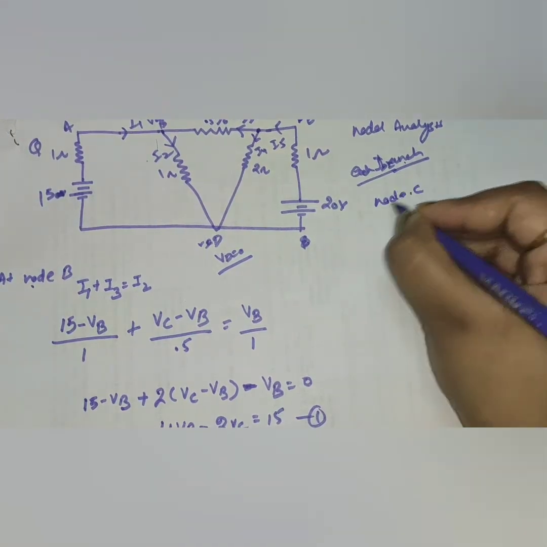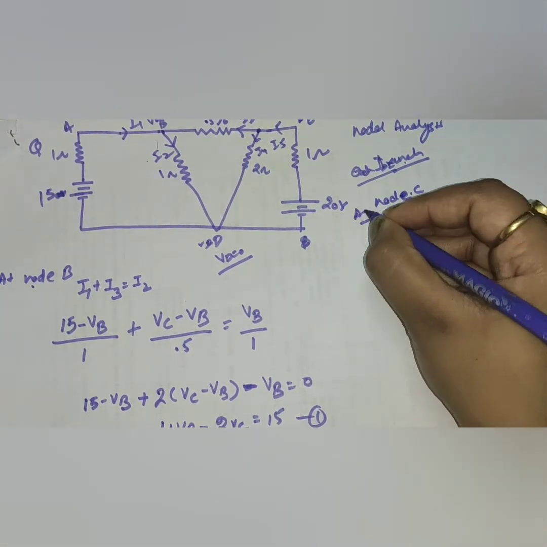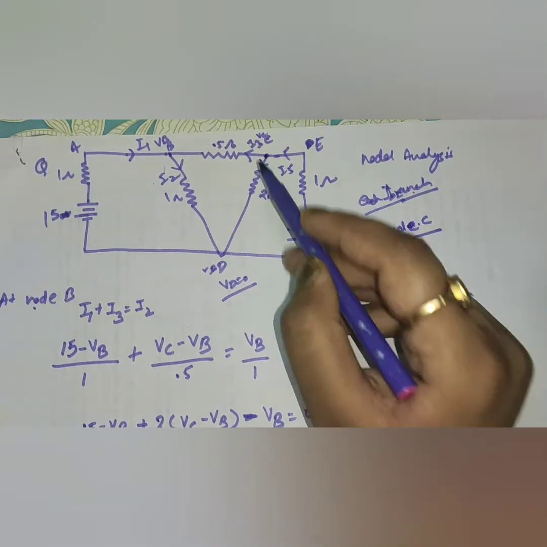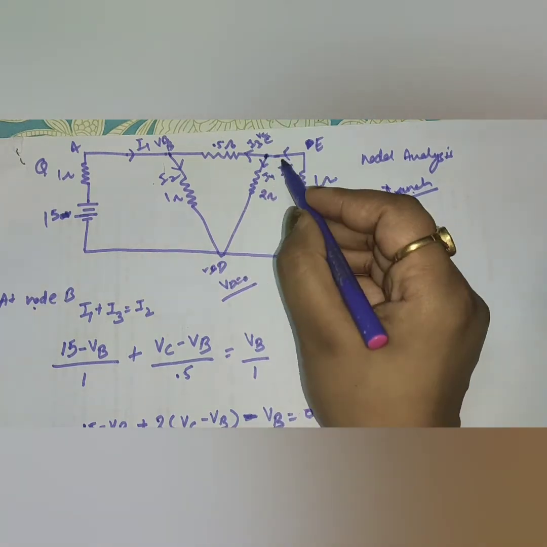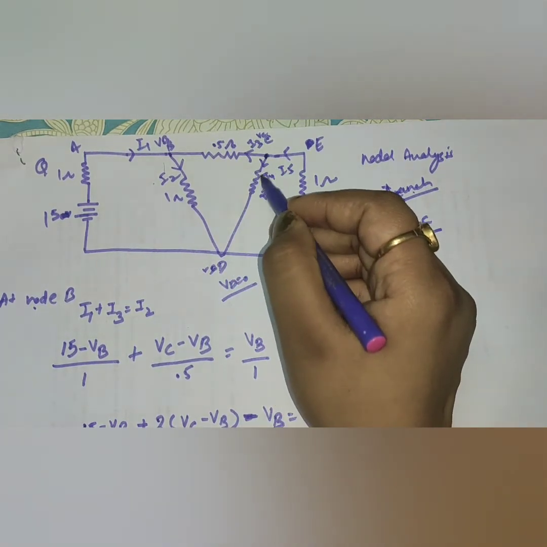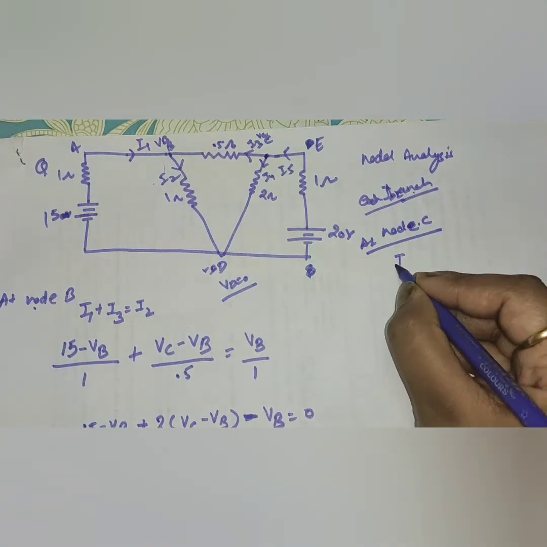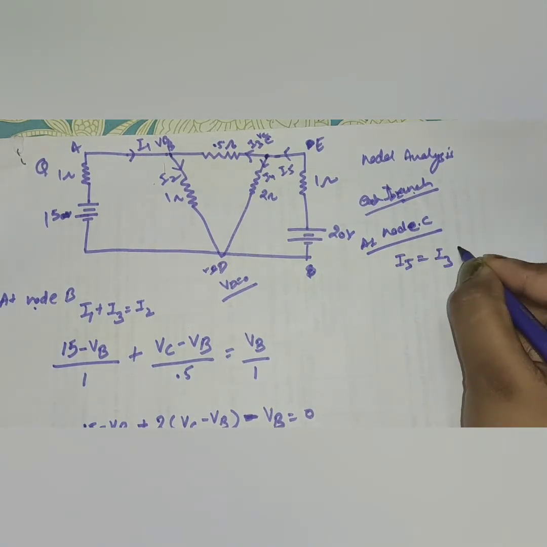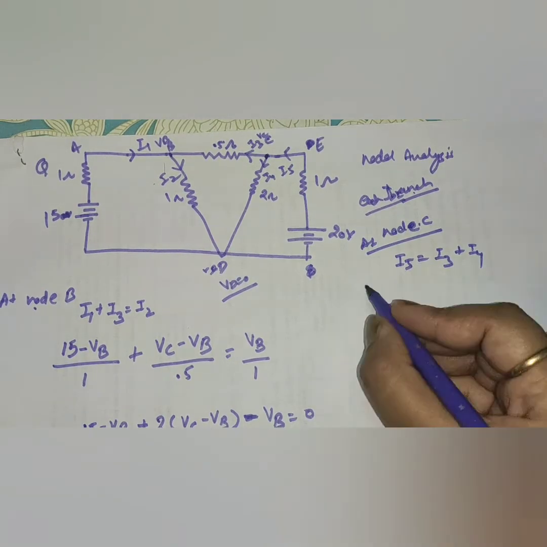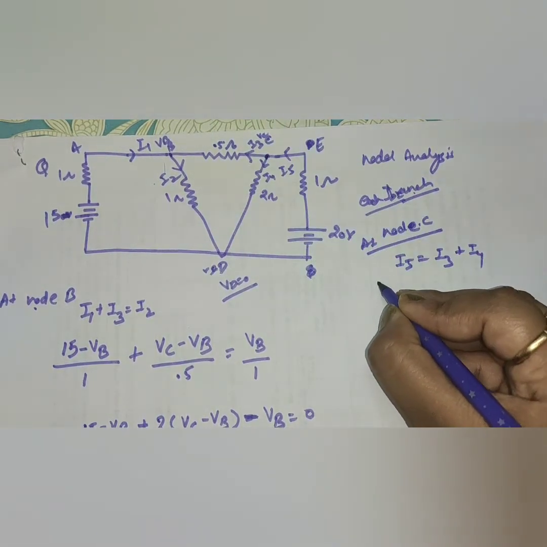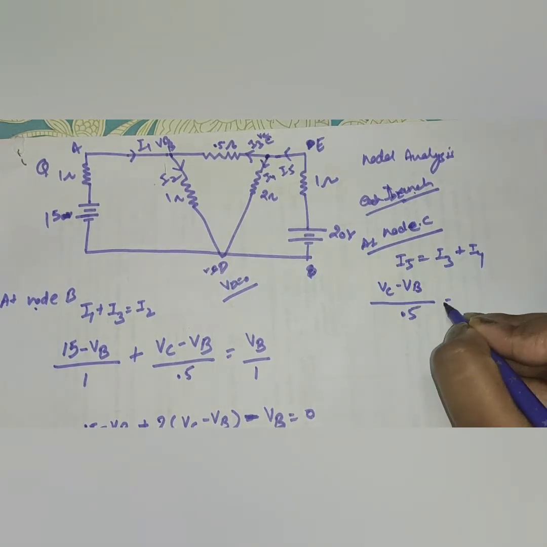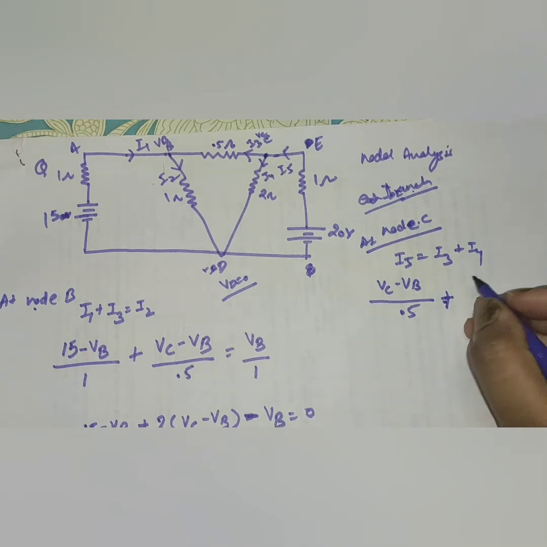Now at node C, you can check, that will be I3 plus I4 and I5. So I5 equals I3 plus I4. I3 will be VC minus VB upon 0.5 plus I4.